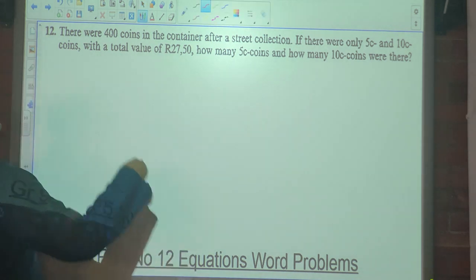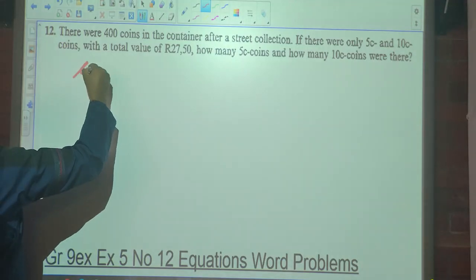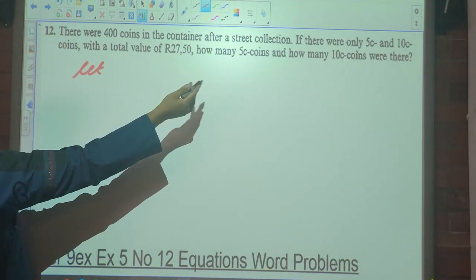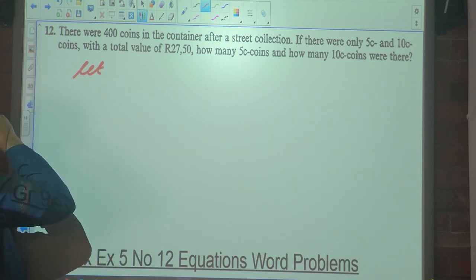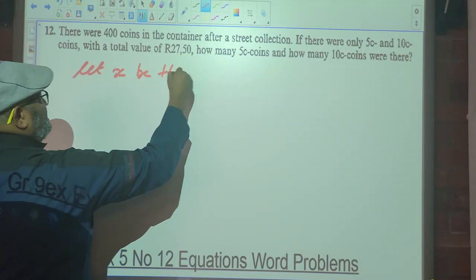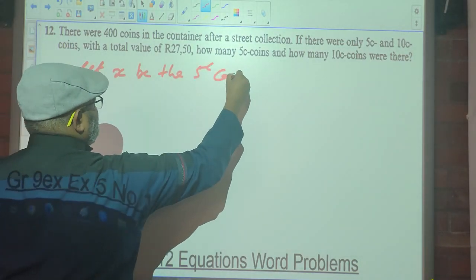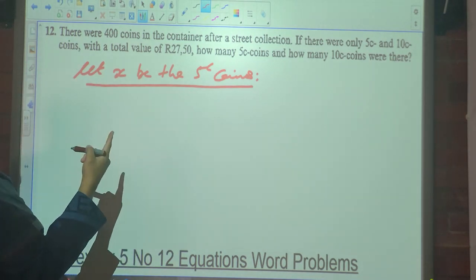So where do we start? We don't know which one is the least of the two, so we just let the smaller quantity be X. So let X be the 5 cent coins. So how many 10 cent coins are there?